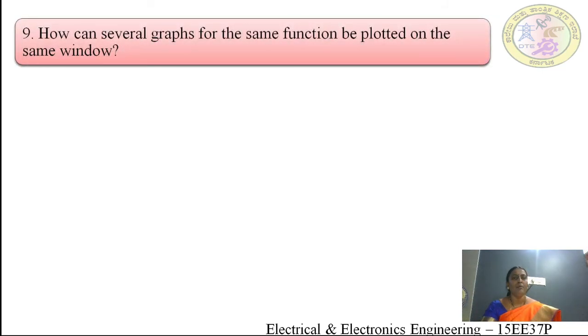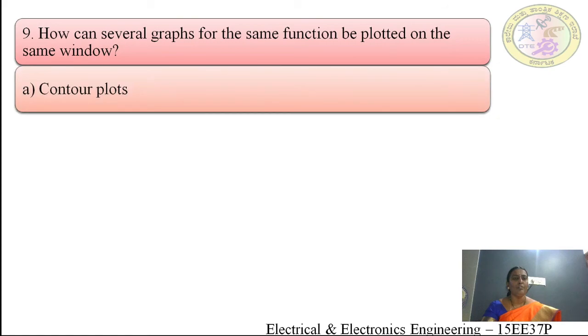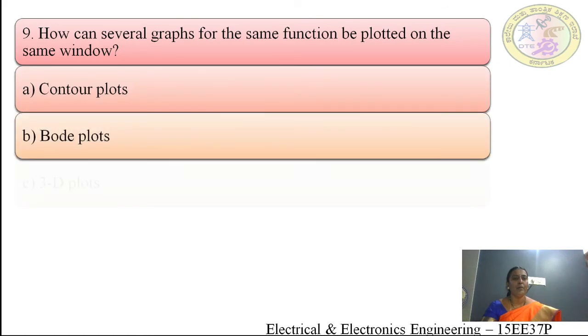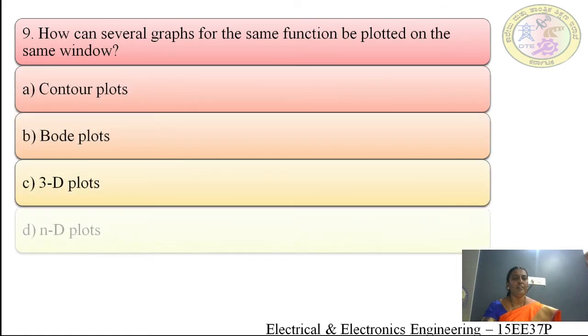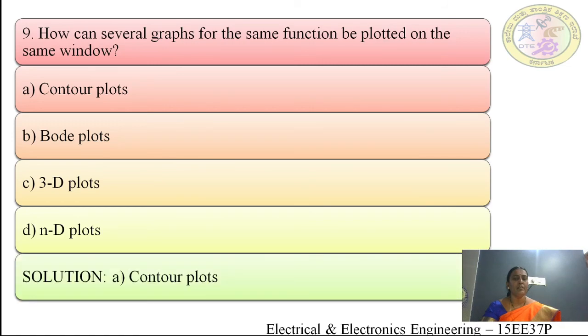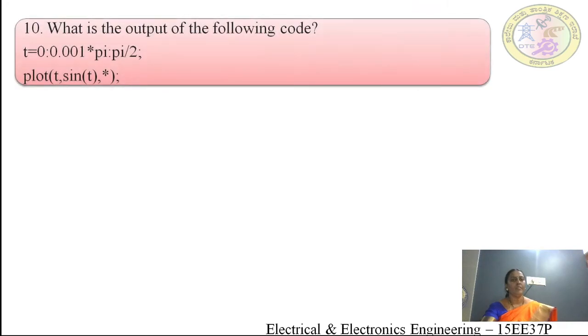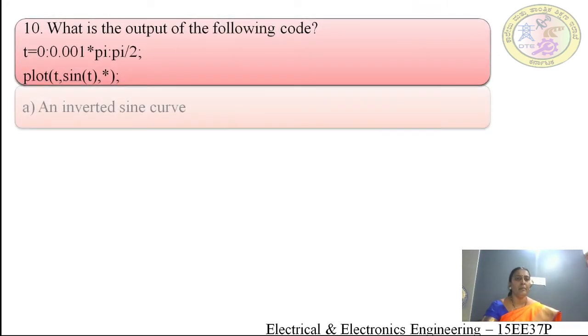9. How can several graphs for the same function be plotted on the same window? Contour plots, Bode plot, 3D plot, ND plot. The answer is a contour plot. Next, what is the output of the following command?